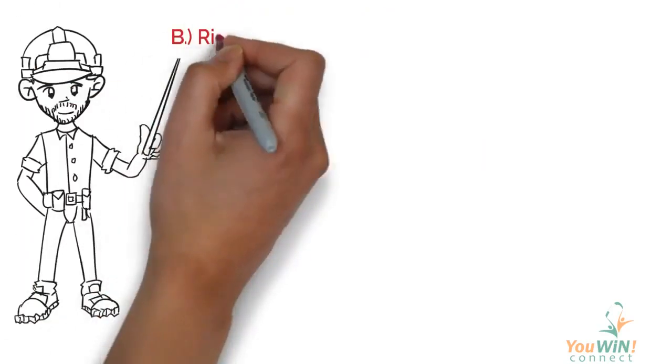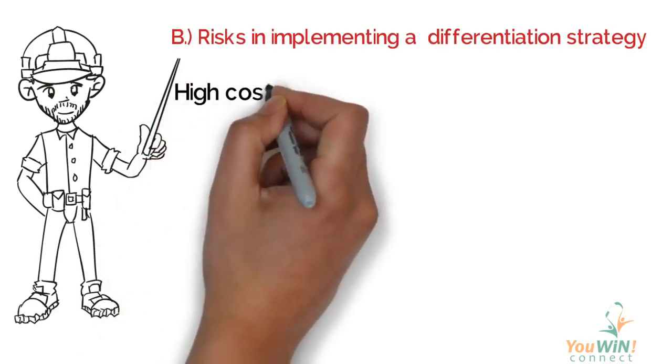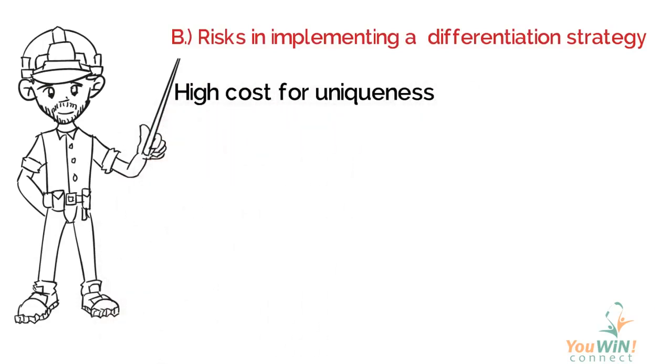Now let's look at the risk in implementing a differentiation strategy. The high cost for uniqueness. Clearly, for you to be able to serve this market, to be able to differentiate your products or services from competitors, you are going to have to invest in the cost of creating that uniqueness. So I'll give an example.